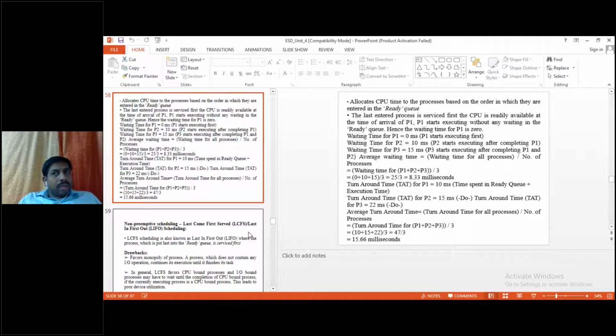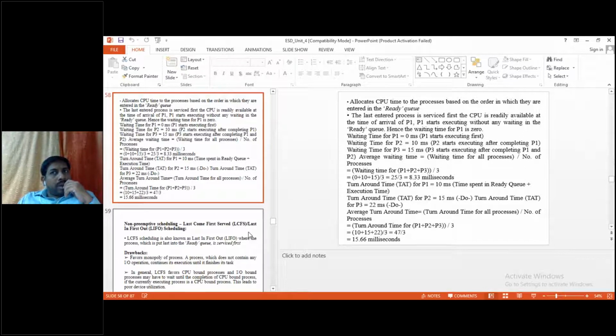For a set of tasks to be executed, we have to make the ready queue based upon the scheduling algorithm. Here the scheduling algorithm is FIFO, first in first out. So P1 is the first one entered into the queue.